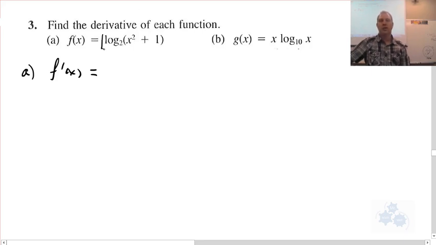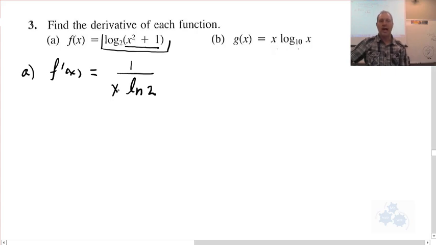So the derivative of the outside function is going to be 1 over x ln 2. But this x is actually this in here, isn't it?